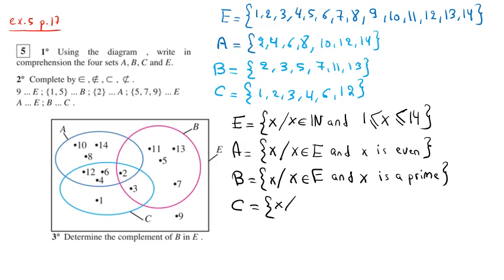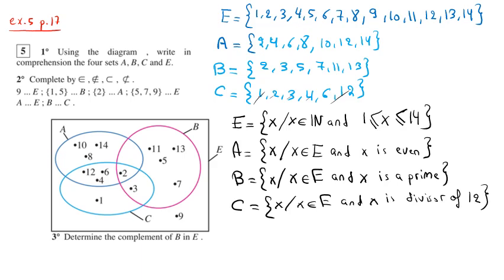X such that X belongs to E and X is a divisor. These are the divisors of 12, since we have 1 times 12 is equal to 12, 2 times 6 is equal to 12, and 3 times 4 is equal to 12. This is how we write each set by extension.